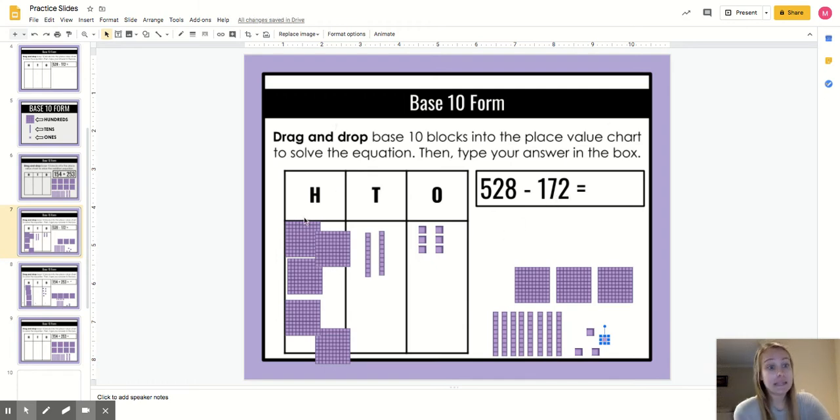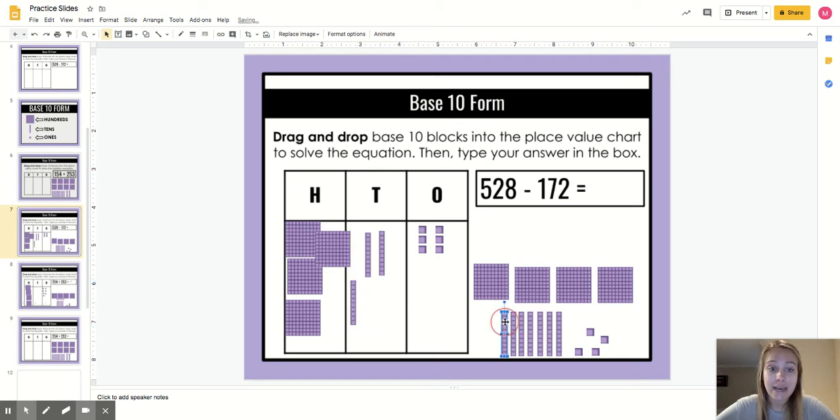But it looks like I ran into a problem because I only have 2 tens, but I need to take away 7. Remember, what I can do is I can turn this 100, I'm going to borrow it, and turn it into 10 tens because 10 tens can fit inside that 100 and I need more tens. So I'm going to add 10 tens over here.